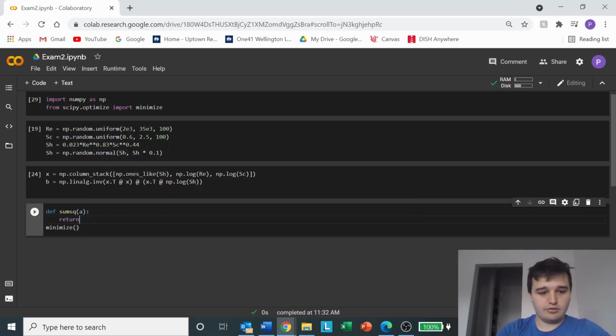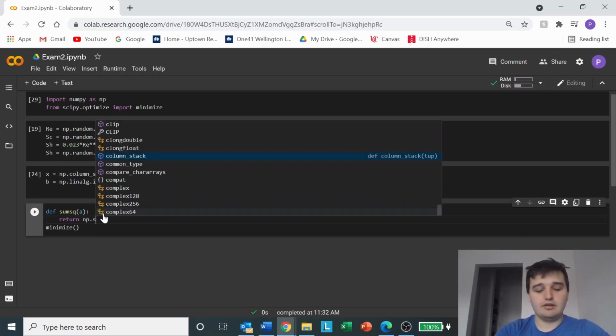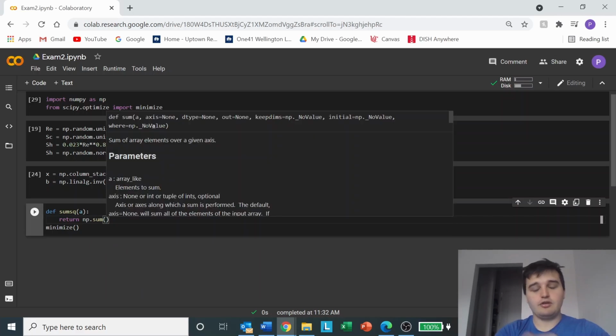a value. We need to return the sum, so we're going to use np.sum, of the differences between the Sherwood fit and our data points.